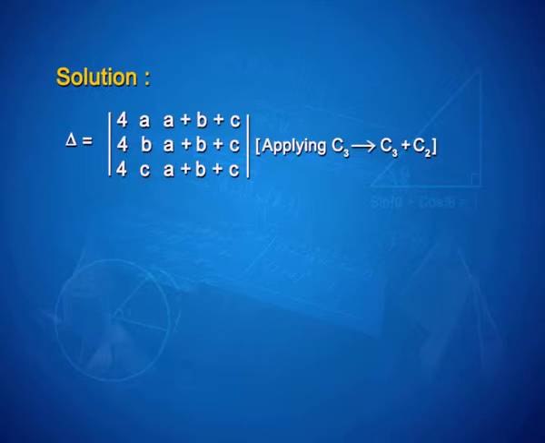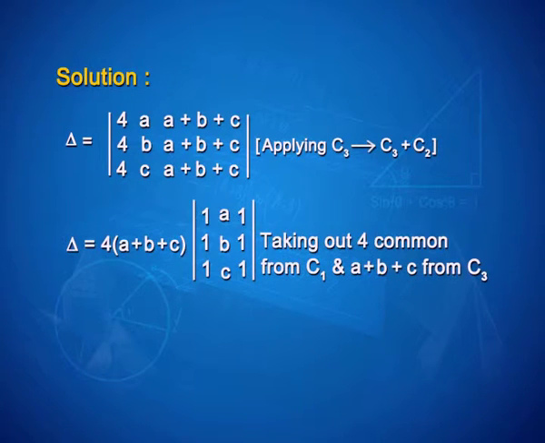By applying C3 is obtained by adding column C2 and C3. Hence, 4 into a plus b plus c multiplied by determinant 1, a, 1, 1, b, 1, 1, c, 1.